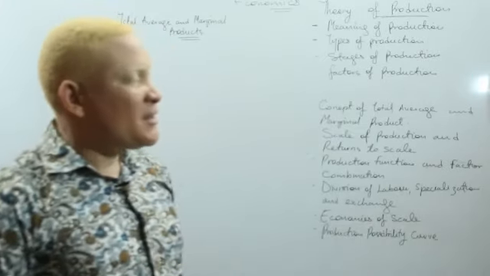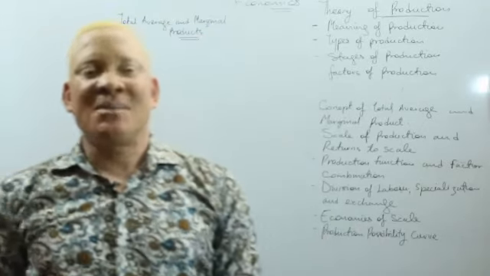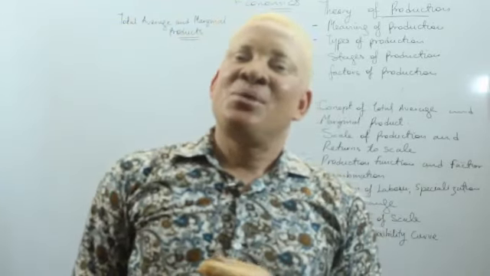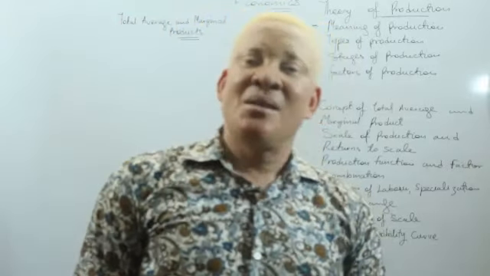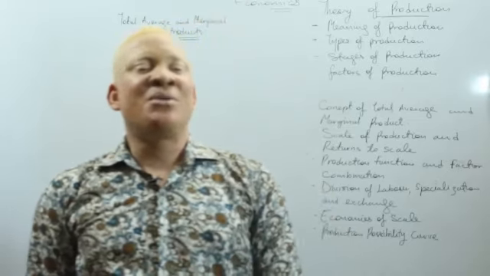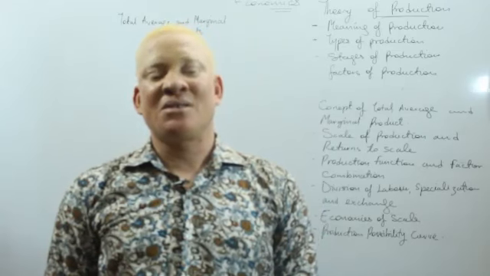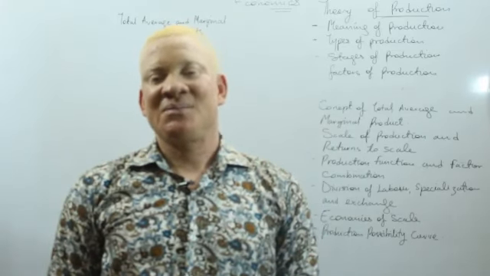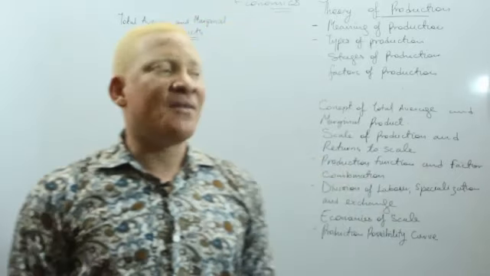Now, on the other hand, the average product talks about the production per unit, that's productivity per unit. The quantity or volume which a unit of input produces is referred to as the average product.